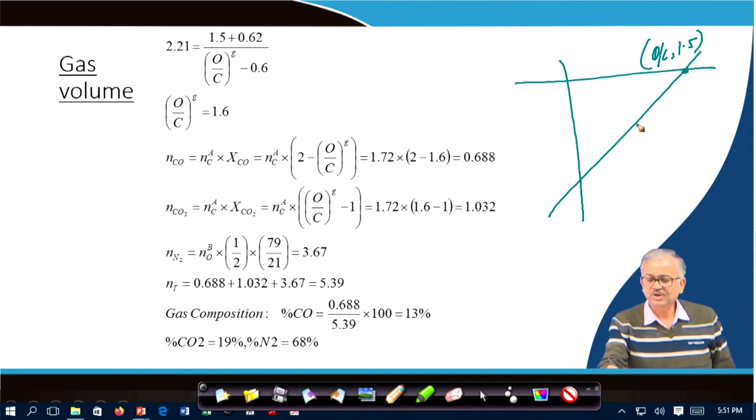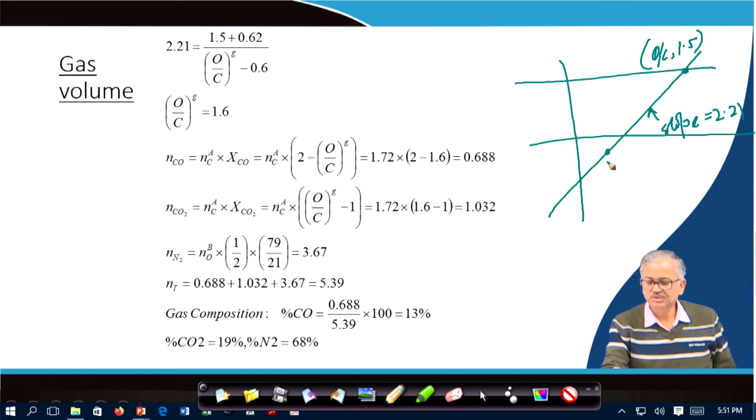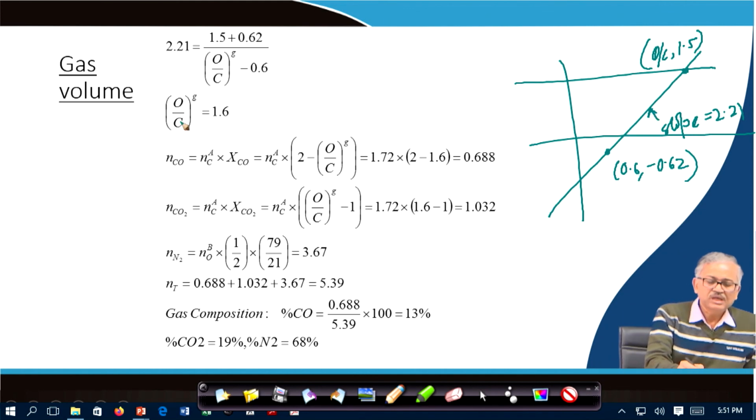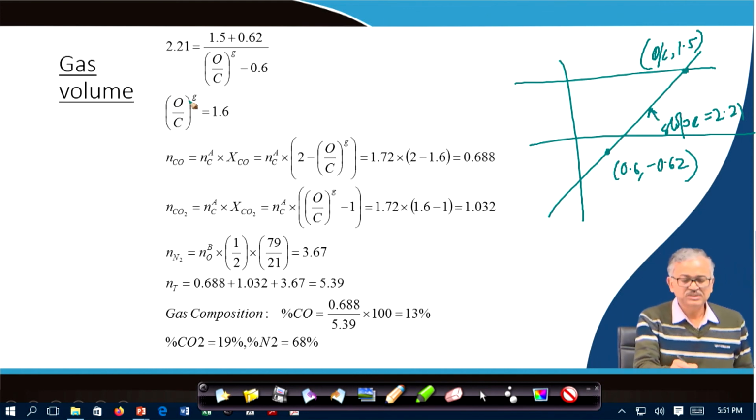This is the point, and you know the coke rate slope, which is equal to 2.21, and you know that point also, H is equal to 0.6 and minus 0.62. So, this point and the slope you know. So, you can calculate O by C in the gas.